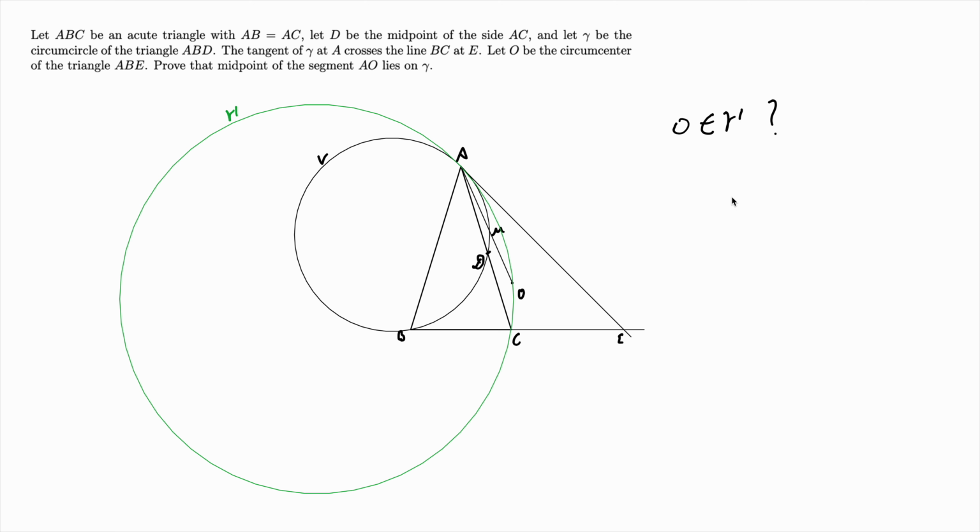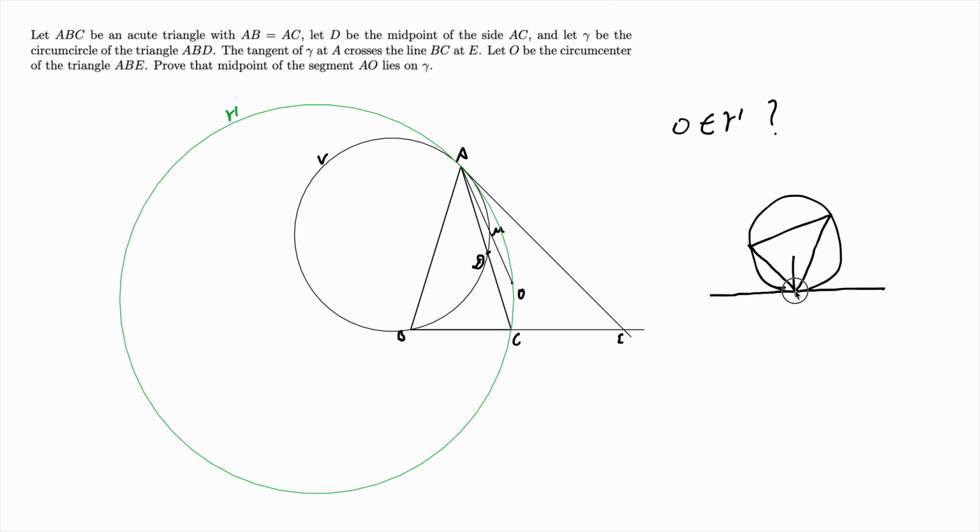Here we are going to use a basic property in geometry, a very famous conclusion. I think we learned this in middle school. So let's say we have this. This is tangent.